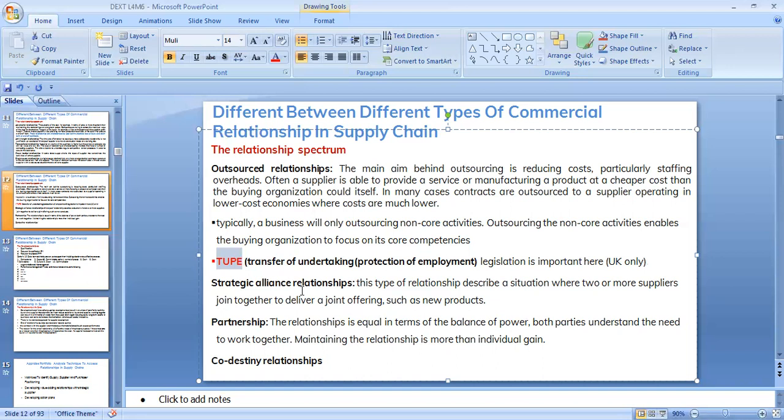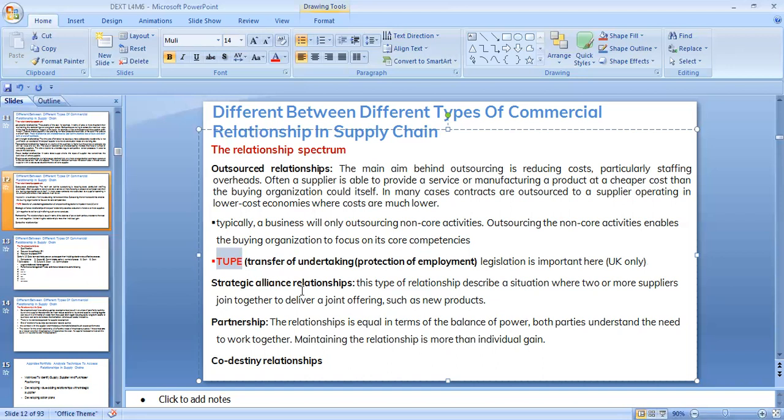Sometimes when you outsource that aspect of the service or the product to an external organization, they want to continue with their own people, forgetting the people that were working for the previous organization. And they will be stranded, they would be jobless. And sometimes if they do absorb them, they start by cutting down their pay. So this TUPE law is a protection for those that were working for the organization when a product or service is outsourced.